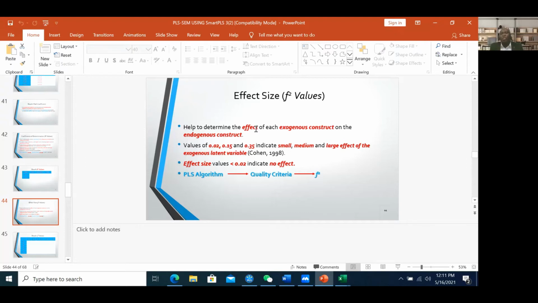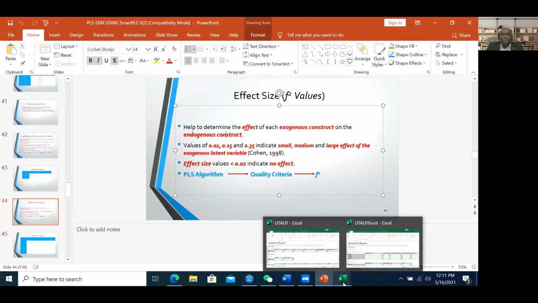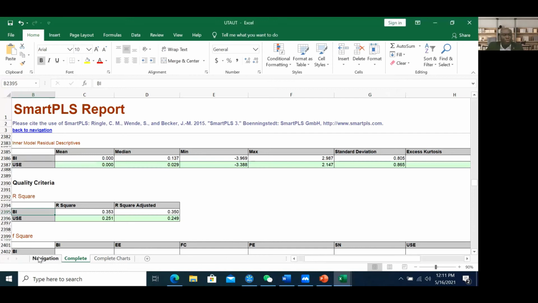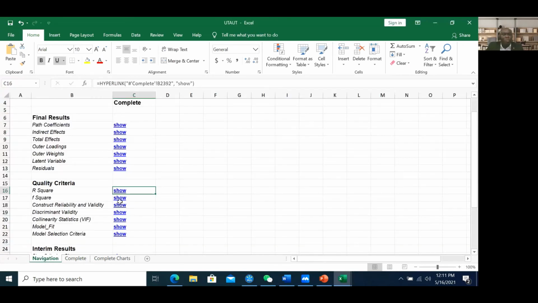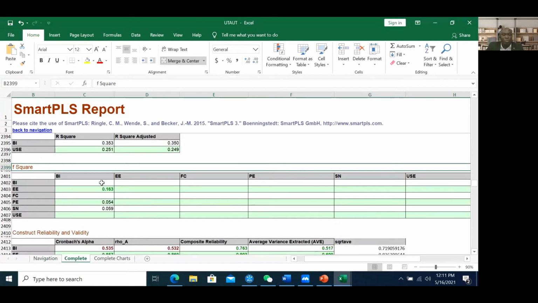What effect has each of the independent variables on the dependent variables? So you can also get that report from the F squared. You can get it from the PLS algorithm report. When you come to F squared, you click on it, and then you scroll down.